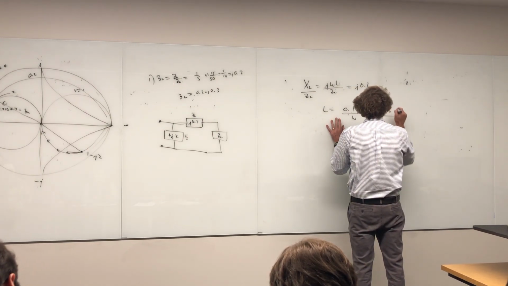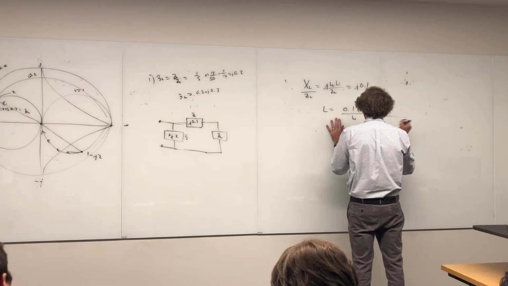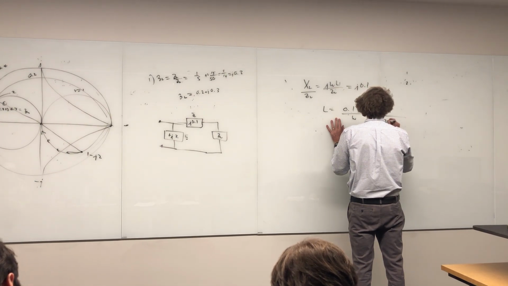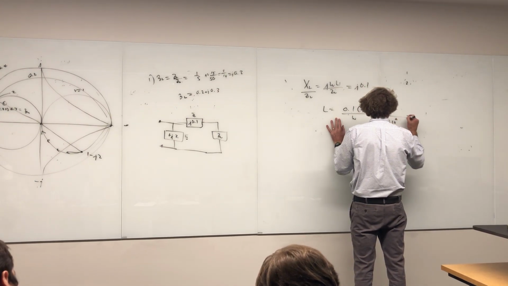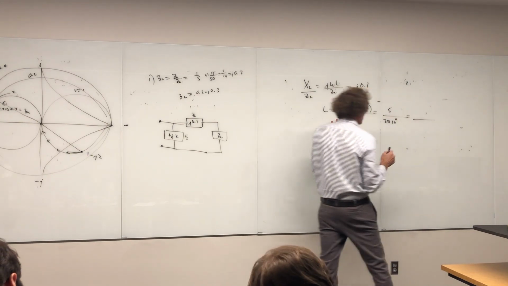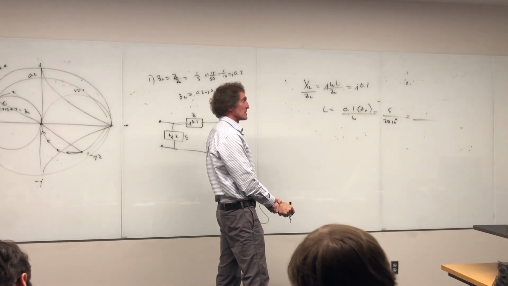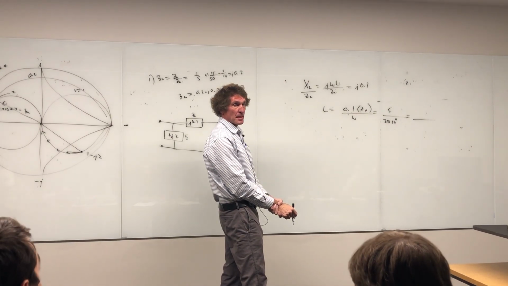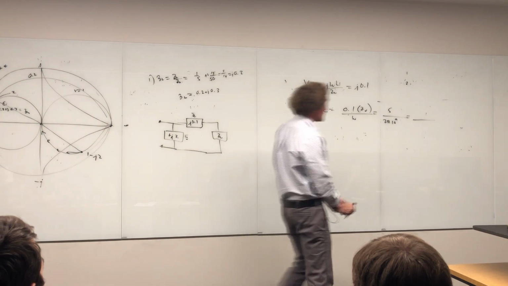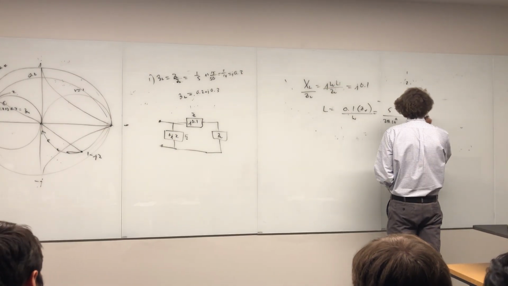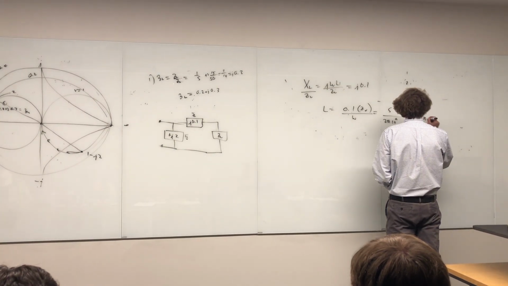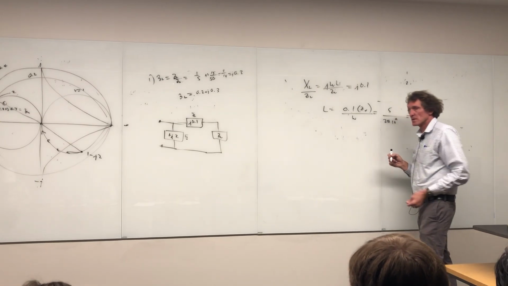So it's really 5, if Z naught is 50, 5 over 2 pi times 10 to the 9th. So it looks like it's nanohenries, something small. What did you get? 79.5 nanometers. Anybody confirm that? I'm just going to call it 79 nanofarads.